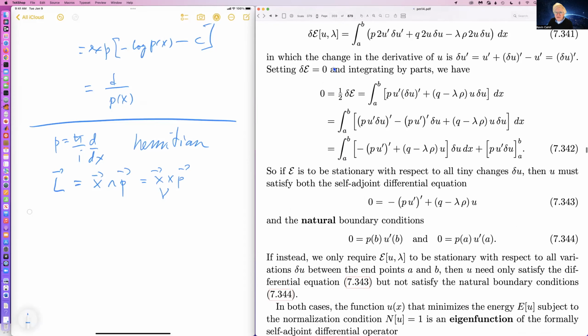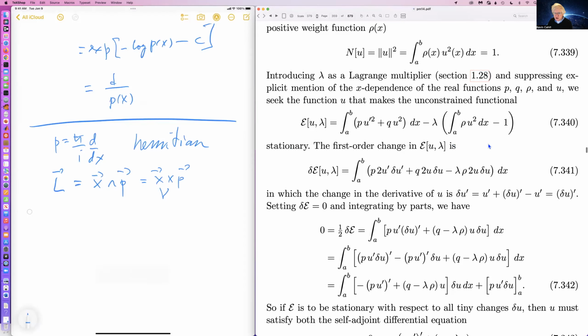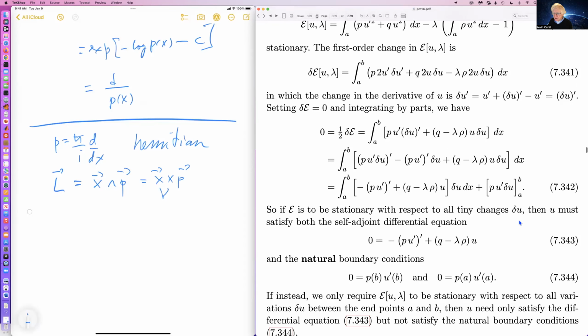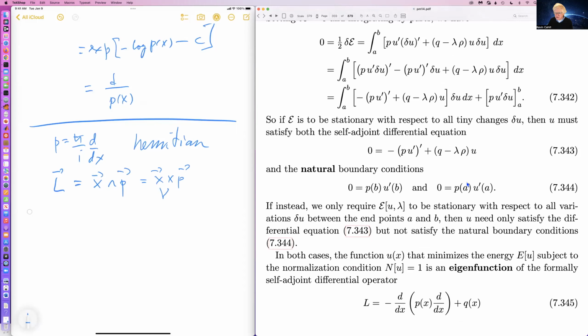So if this Lagrange term is to be stationary with respect to all tiny changes, then u has to satisfy both the differential equation and the boundary condition. These are the so-called natural boundary conditions, which are the ones involving derivatives at the endpoints.